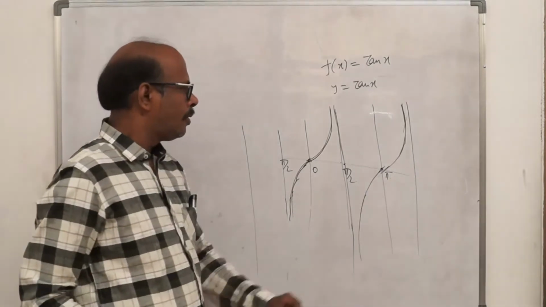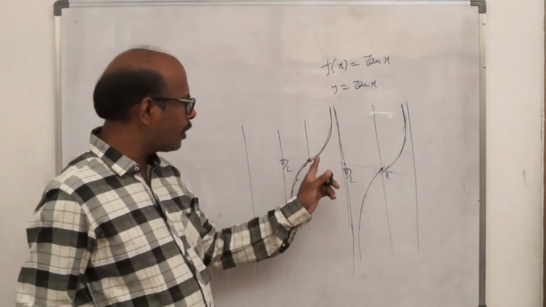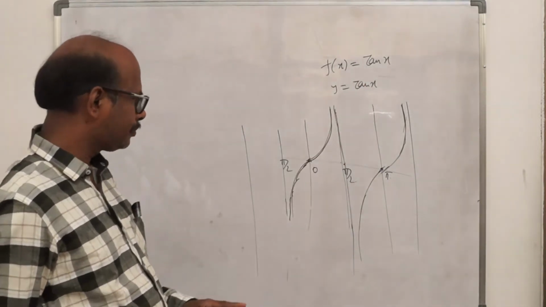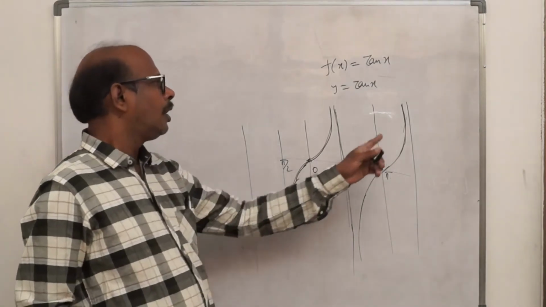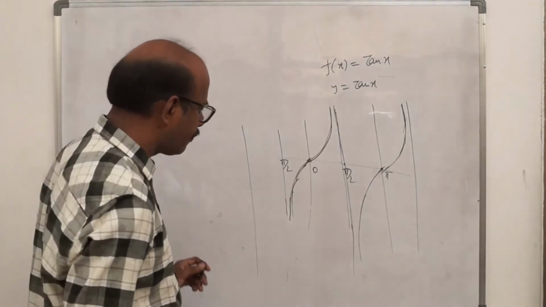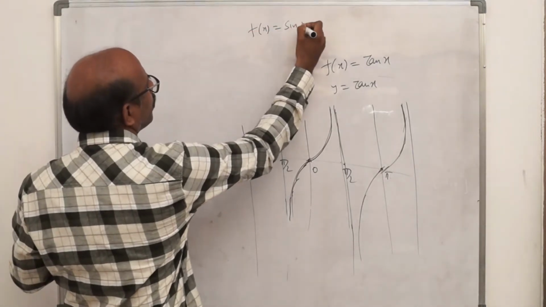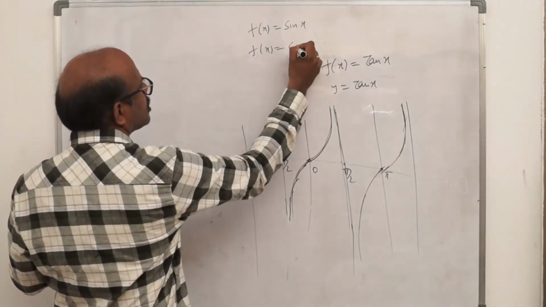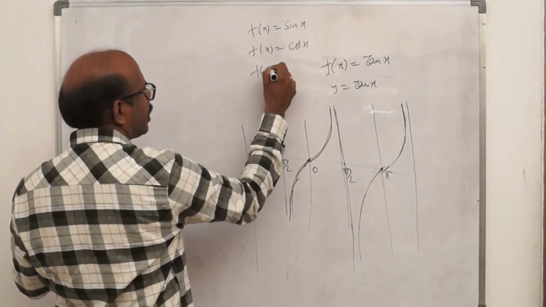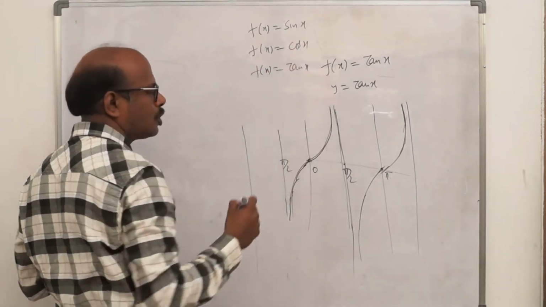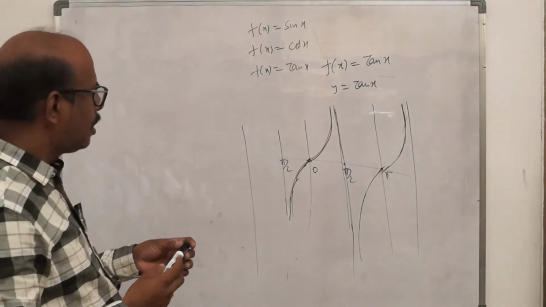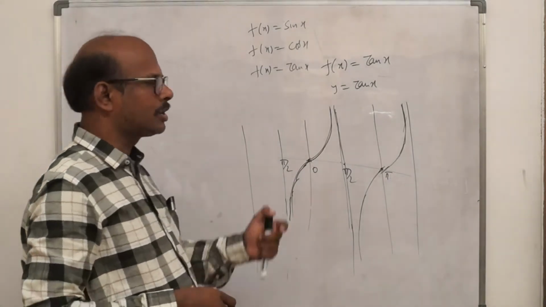Okay, so the tan x curve and its domain. In previous examples we saw f of x as the sine function and f of x as cos x, and now we are discussing tan x. Now I am giving the domain and range of the three functions.